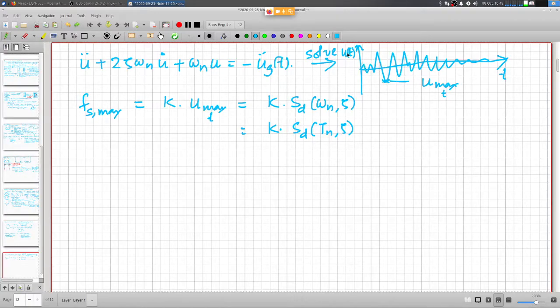All that you are interested in is the maximum value of this deformation that will generate the maximum spring force in the column, and that is what I need to know to provide for the column capacities, shear capacities, and the bending moment that will form at the base, right?